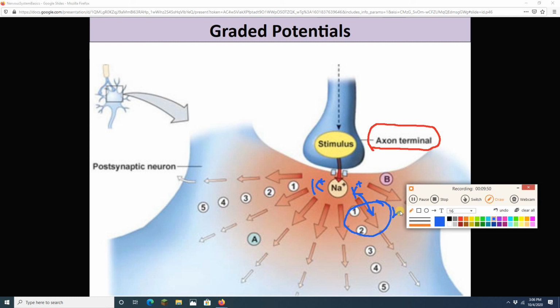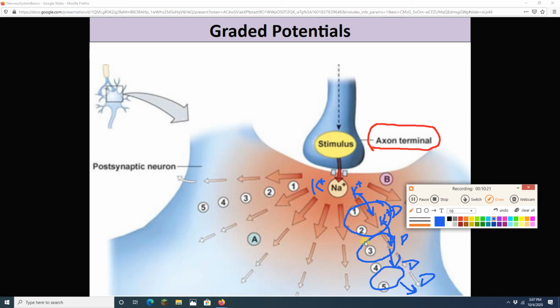So this spot is now depolarized. But guess what? There is potassium here. And now when this potassium comes here, this potassium is going to move here, and now we've depolarized the next spot. And this continues, and we keep depolarizing it bit by bit because potassium keeps shuffling along.